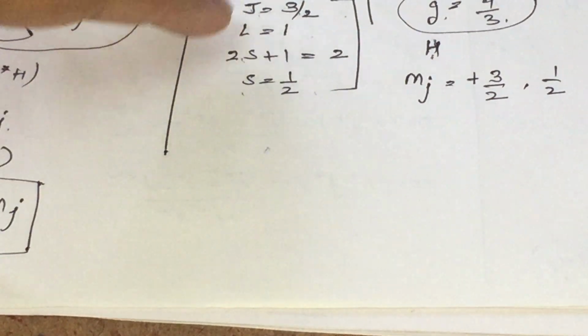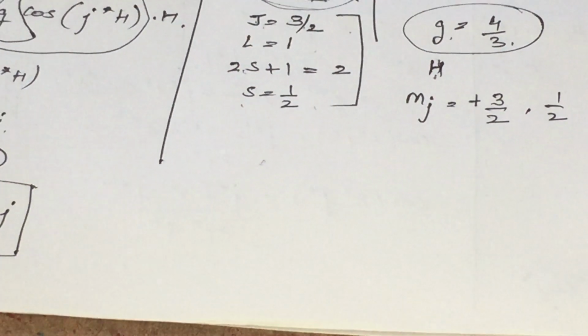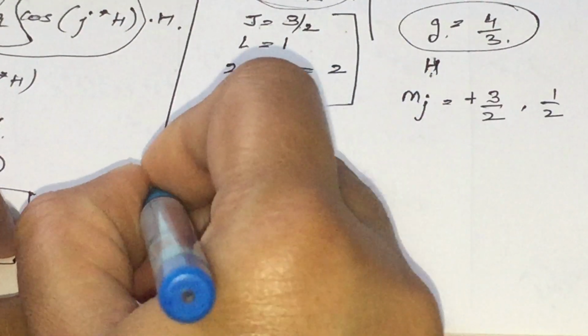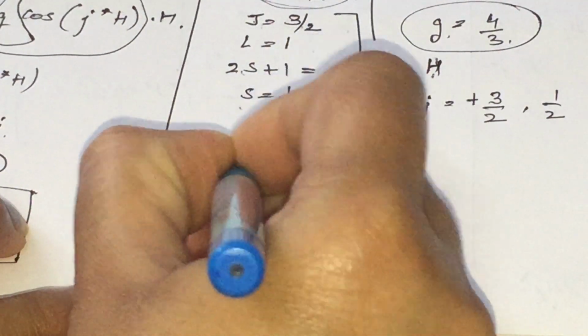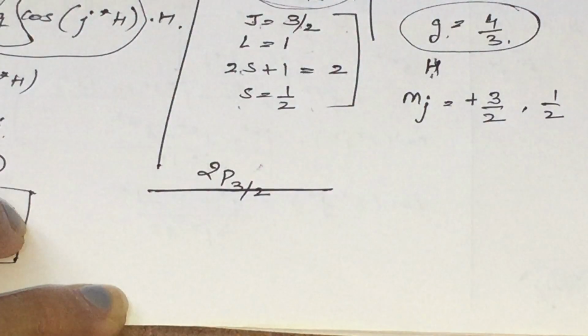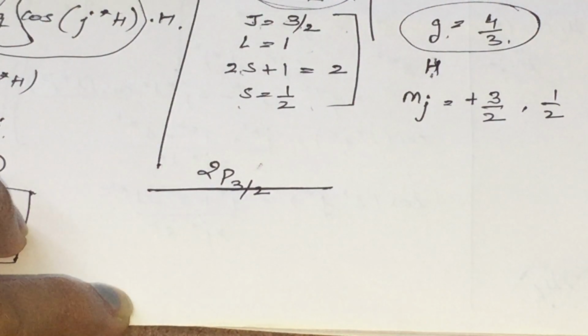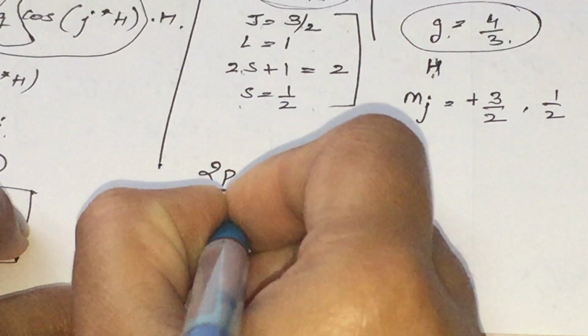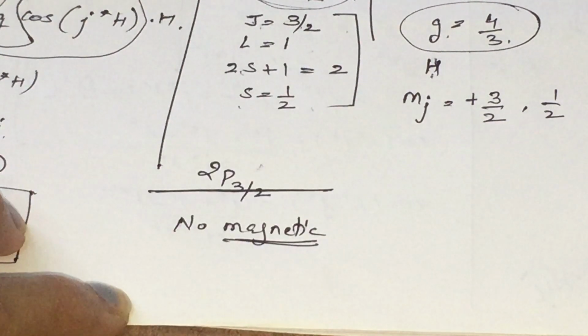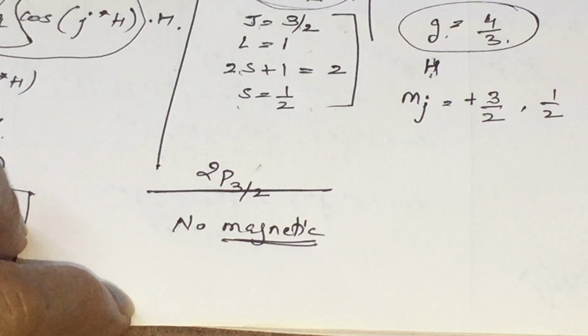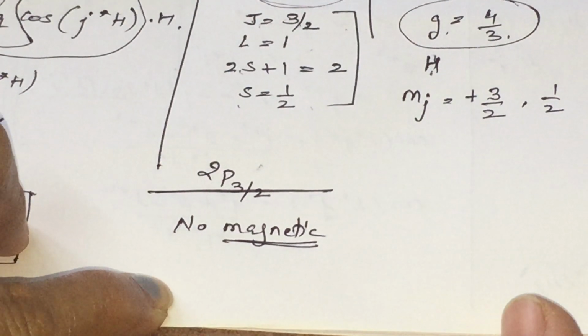What is going to happen in anomalous Zeeman effect? We have an energy term, and this energy term is represented by 2P3/2 when no magnetic field is applied. It means until we have no magnetic field applied on our atom.